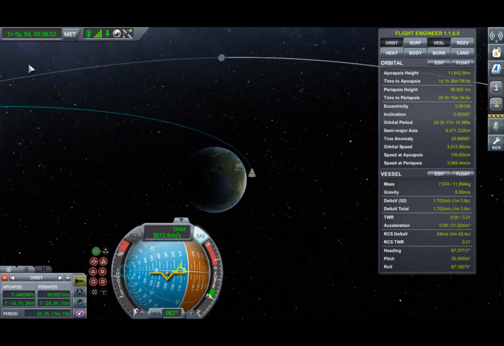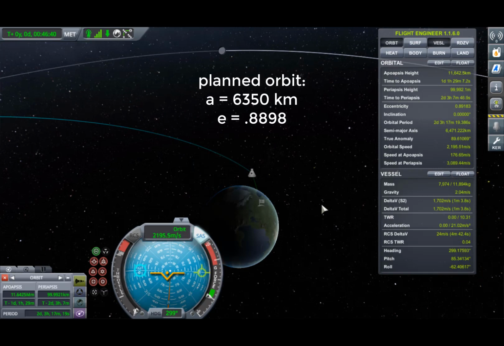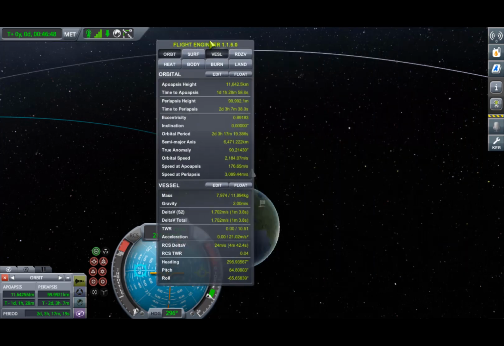As I calculated the mission to the Mun in part 2 of this series, I had originally planned a transfer orbit with a semi-major axis of A equal to 6350 kilometers and an eccentricity of E equal 0.8898.